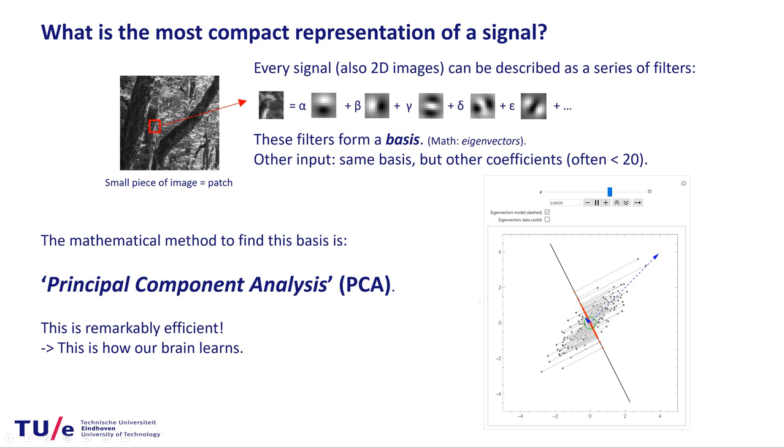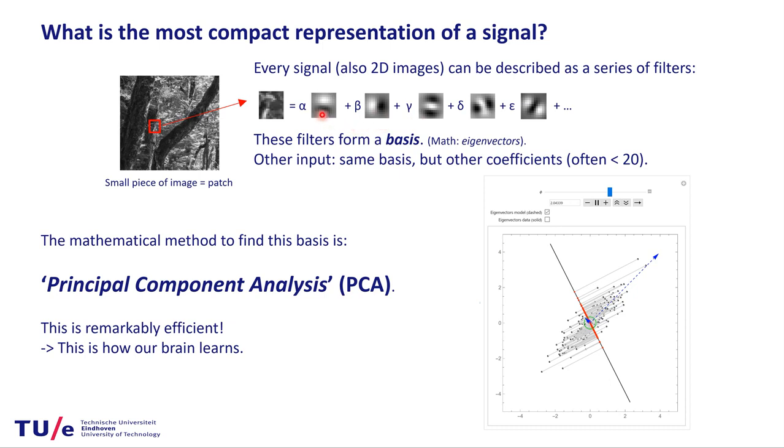If you have a representation, that means, let's have a look at an image like this here. This is an image of a forest, and I take a very tiny image. It's called a patch. Let's say 10 by 10 pixels. I have it right here. And now there's a mathematical technique that says this tiny patch can actually be built from some basis patches.